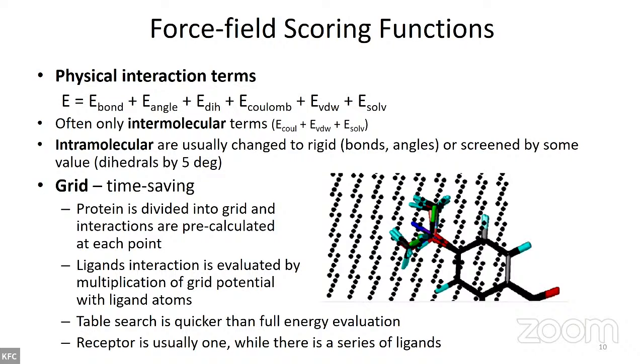So the force field scoring functions are counting the physical interaction terms, similarly as I showed you an hour ago with molecular modeling. But in the case of docking, we are using some tricks not to count everything and to speed up the calculation.